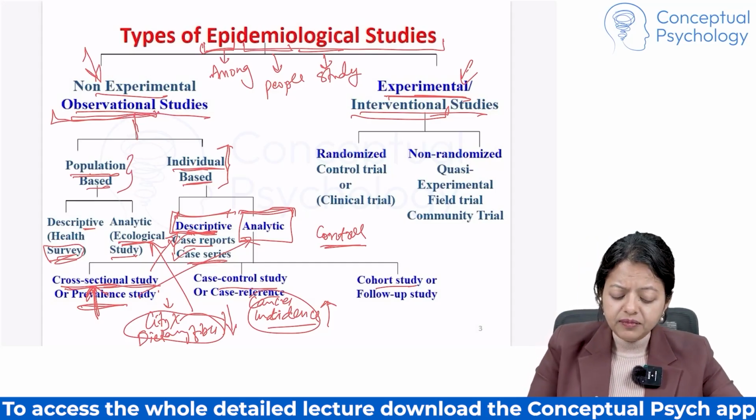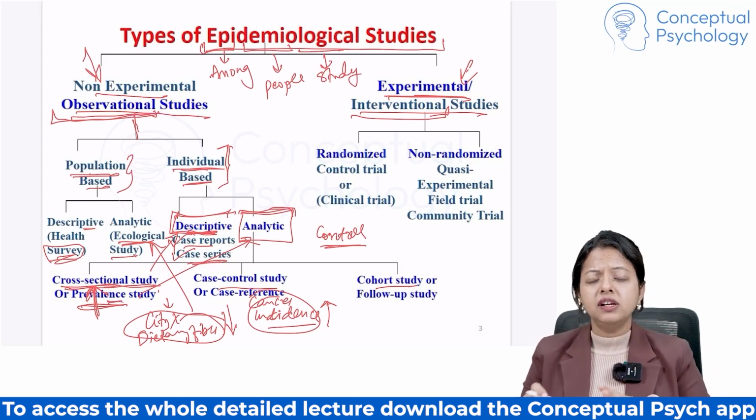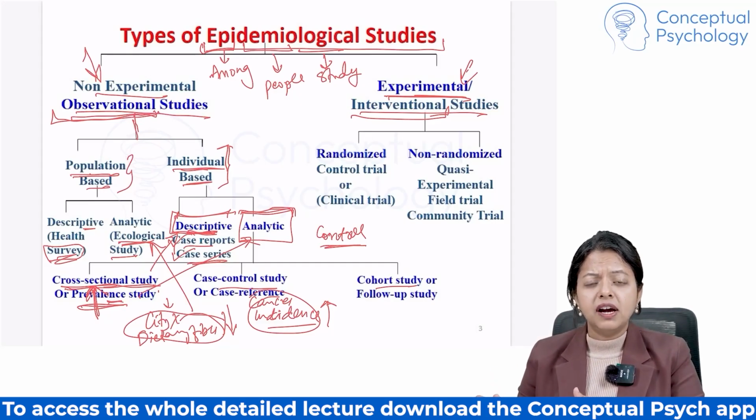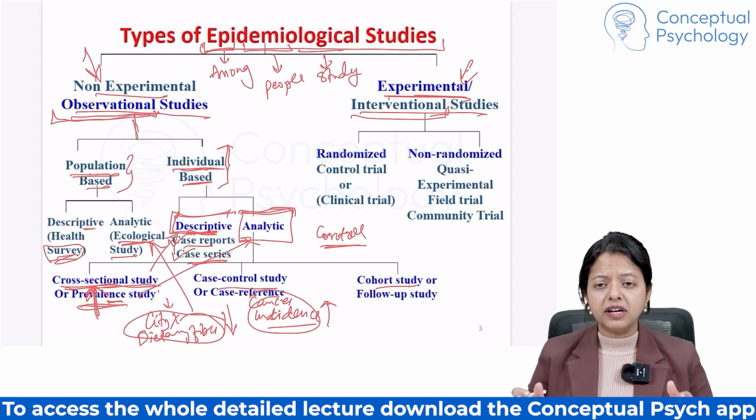So then two prevalences, like smoking and lung cancer. At one point of time, these many people are smoking and this many people have lung cancer. So you want to see the prevalence of two factors.